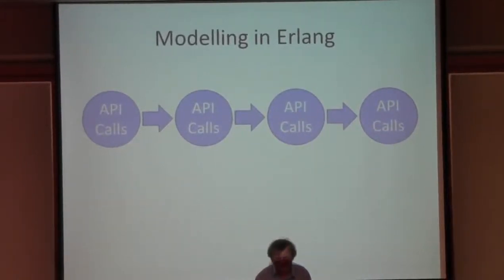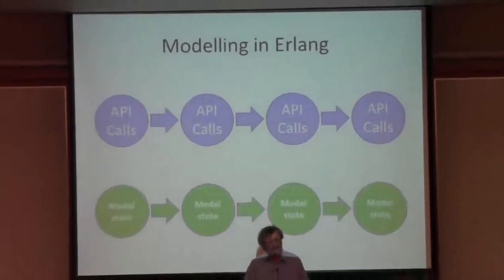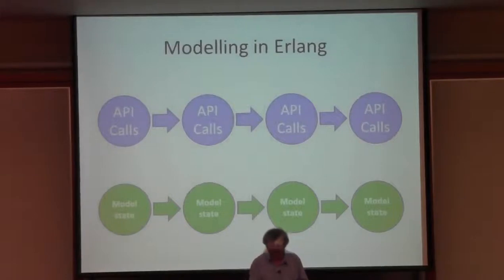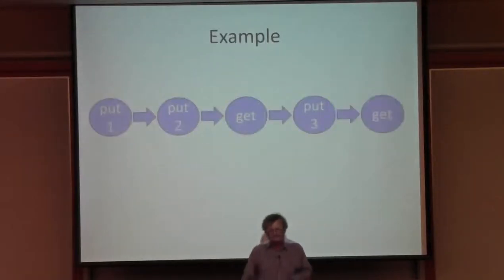We define a functional model of the state, and we define state transitions for each API call. And then we just check postconditions. So we check that the actual result from calling the C corresponds to the model state. So in this case, a test case might put 1, put 2, get a value, put 3, do another get.